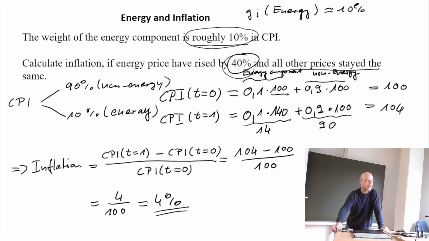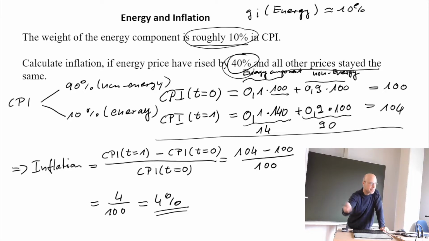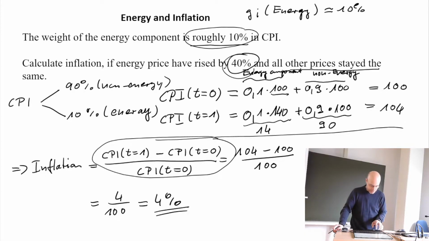But in general, if you have much more complicated numbers, then you really should know how to do this, and then you just calculate both indices. And always, if you have something like inflation or the growth rate, then you have to calculate the relative change.